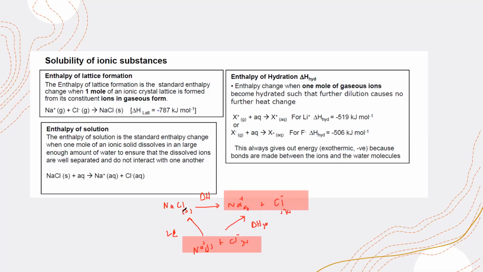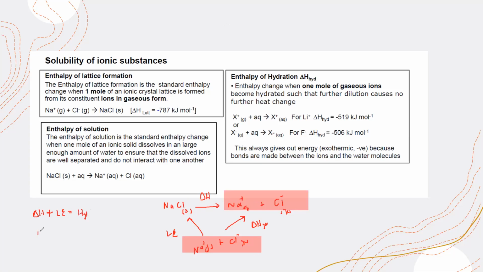So I can say the lattice energy plus enthalpy of solution, because the arrows are pointing out, this plus this equals hydration enthalpy. So enthalpy of solution plus lattice energy equals hydration energy.